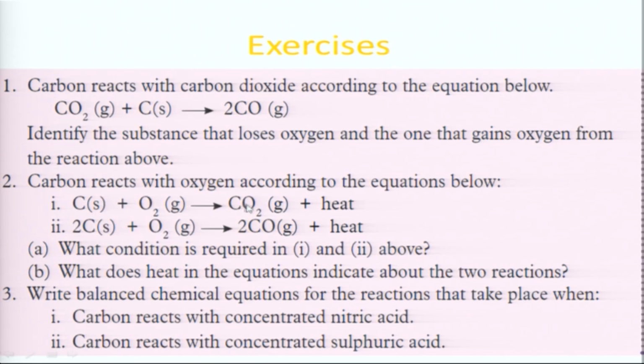Carbon plus oxygen to get carbon dioxide, carbon plus oxygen to get carbon monoxide. What has happened in each? I talked about that. What does the heat in the equation indicate about the two reactions, right? We talked of the word exothermic, production of heat. Endothermic, there's no production of heat, all right?